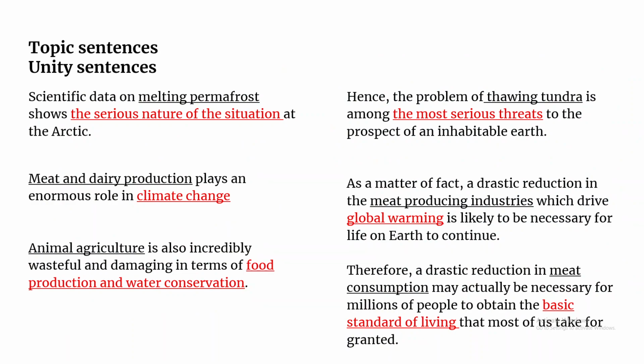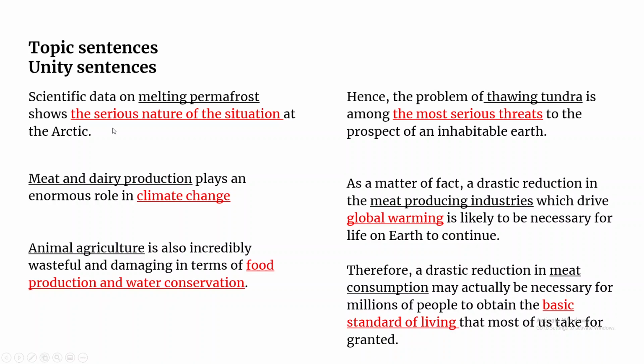You've got the topic sentence on the left and the unity sentence on the right. So I underlined in black and in red the parts of those sentences that are recycled or paraphrased or used again. So you can see, for example, melting permafrost has the same meaning as thawing tundra.